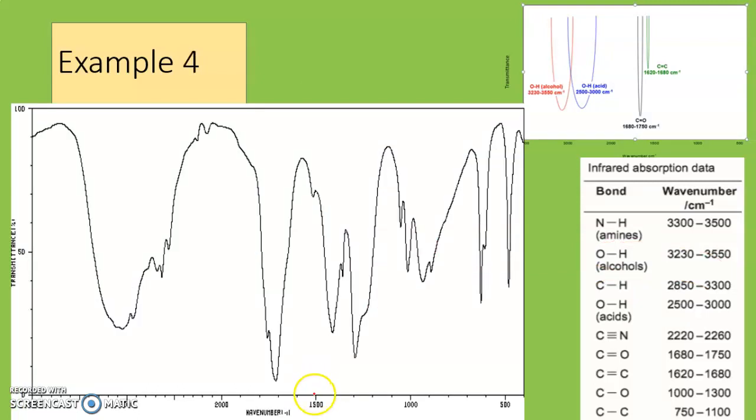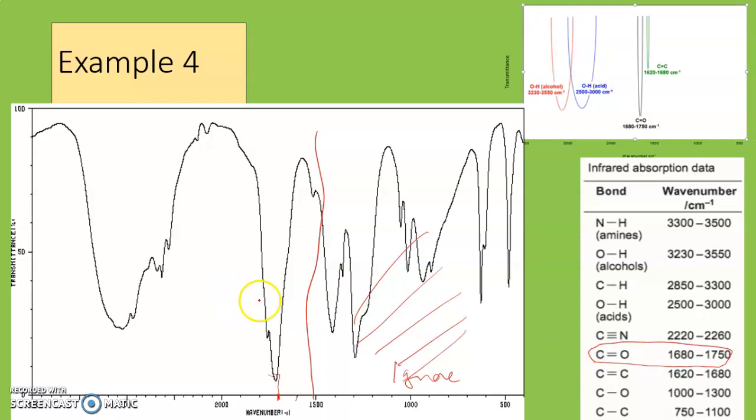In this example, again, ignore any area in this side. Now when I come to this side, so that's 1600, 1700. So from 1700, the data that I've got is for C double bond O. So I know that is for C double bond O, that's carbonyl compound. Now I've got a very big peak here. If you think about it, that's two peaks merged up here.